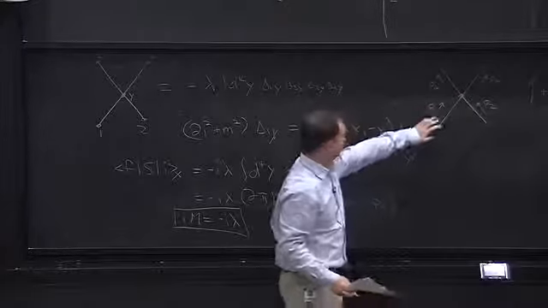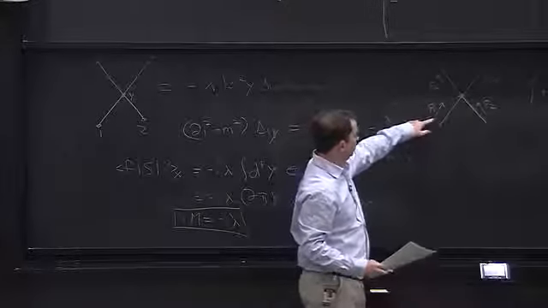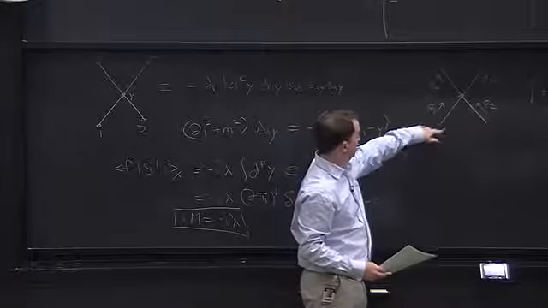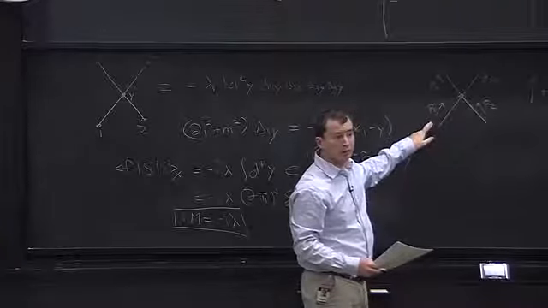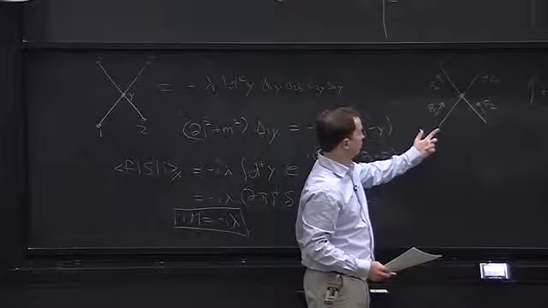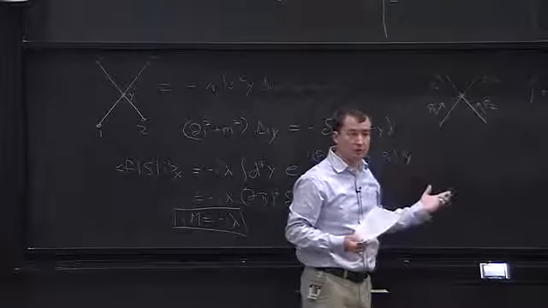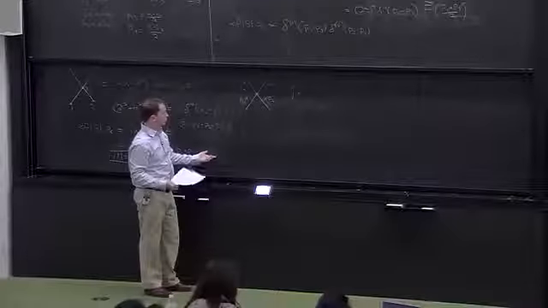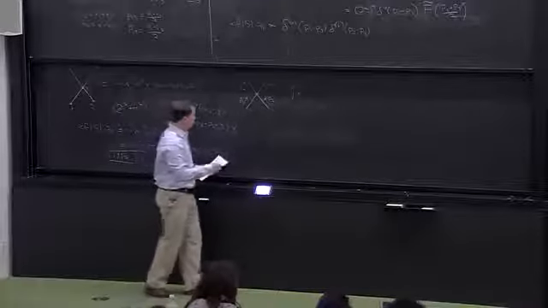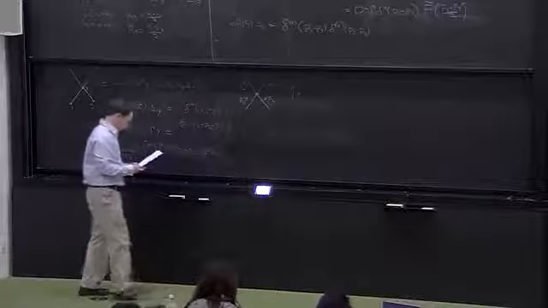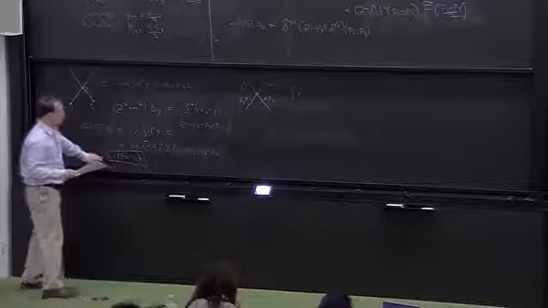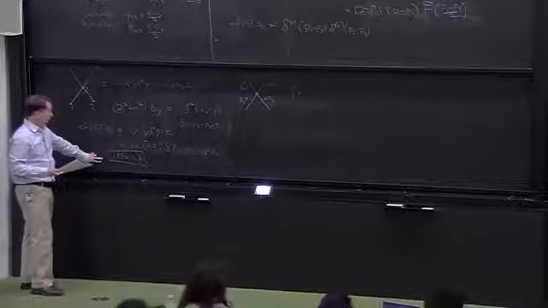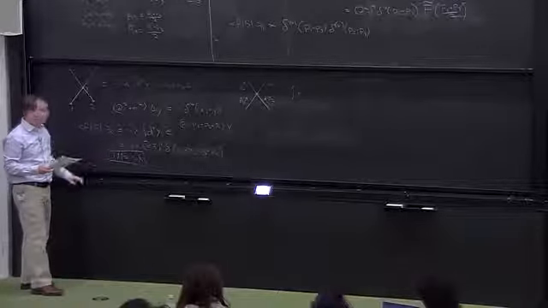And I've labeled the momentum that's flowing along each leg next to the diagram. So I'm going to reserve lines on the diagram to indicate flow of charge, and I highly suggest you do the same. Okay, so that's our first example for a matrix element.